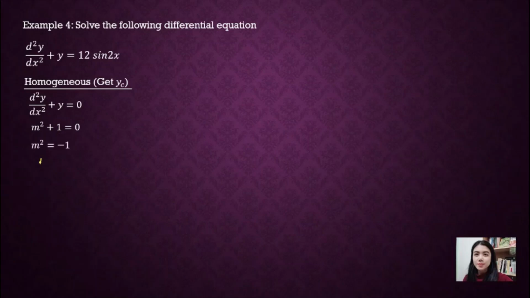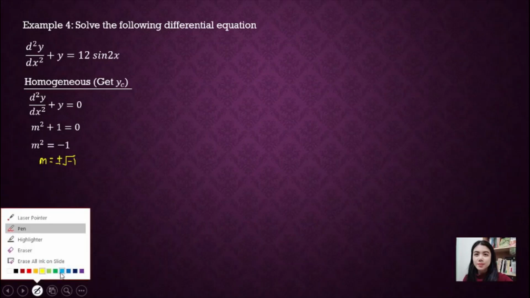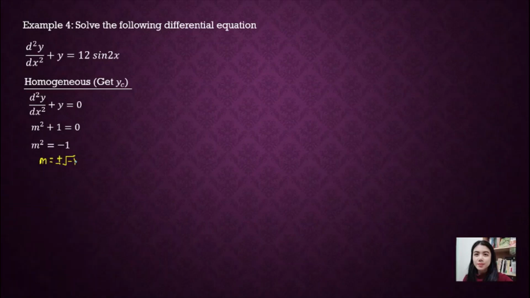If you square root both sides, that will give you m equal to the square root of -1. The square root gives you a plus minus, and the square root of -1 is equal to i. Therefore you have m equal to plus minus i.